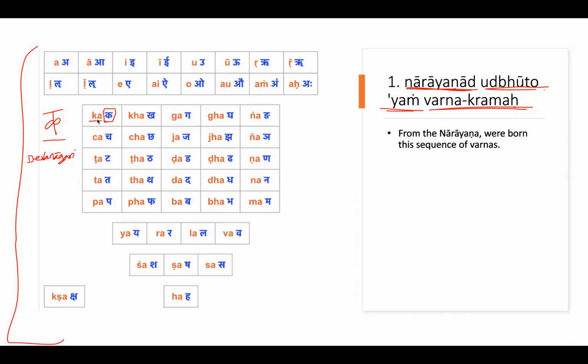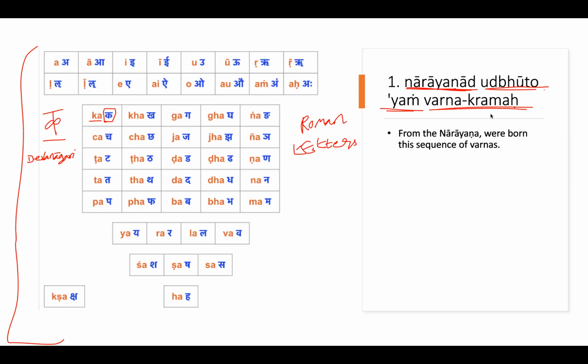This is a part of the script called Roman letters, which we use for English and other languages as well. But this is Devanagari. This is very recent, in the sense that it just came 1,000 years back. But before that, Sanskrit existed.